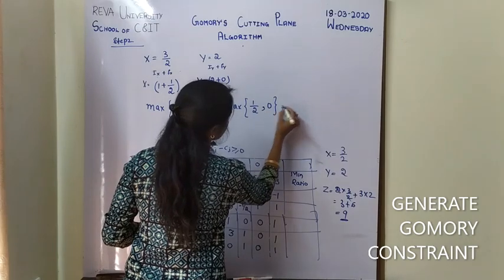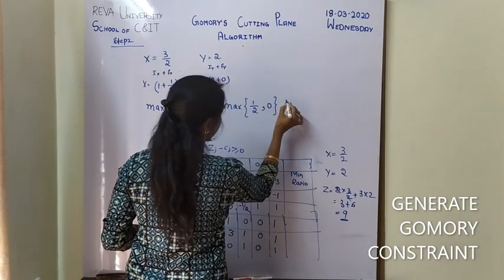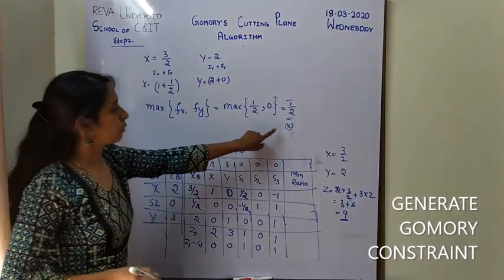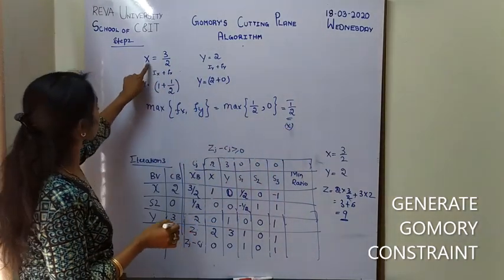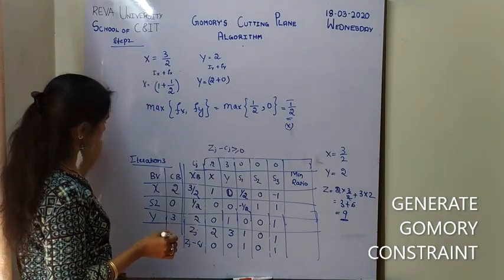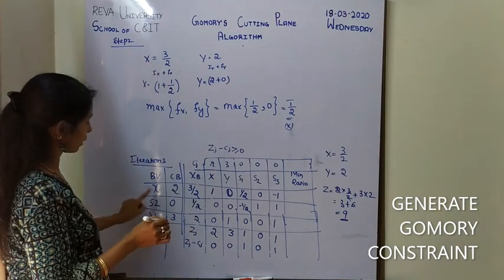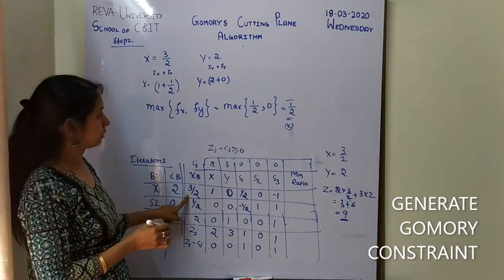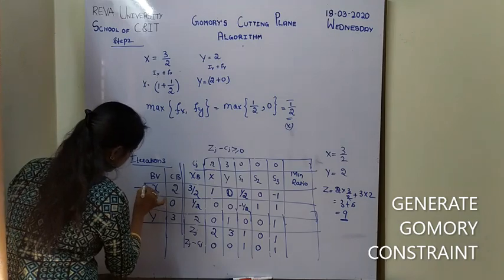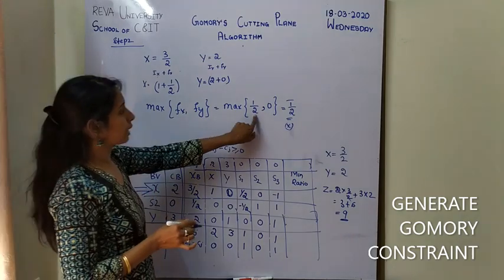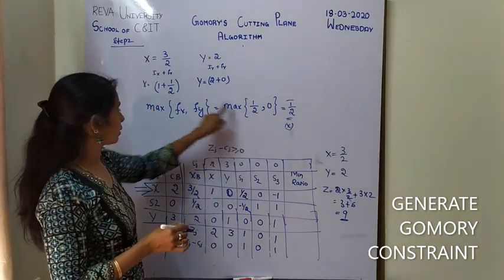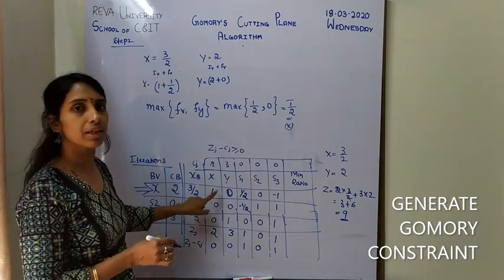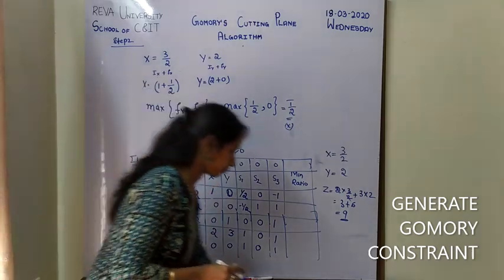So the maximum here is half, that is from the variable x. Now what we have to do? We have to add or generate the constraints. This indicates we have to generate the constraint for this row x. So maximum here is half. We got this half from x.